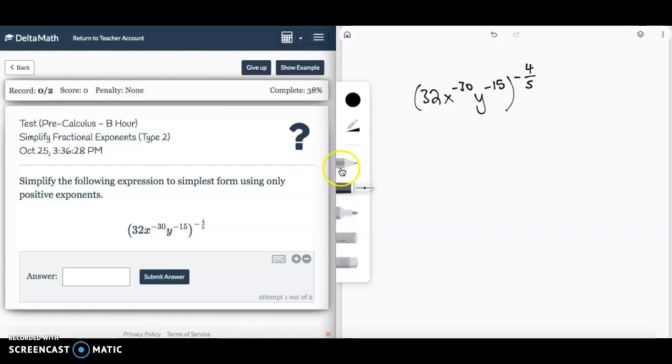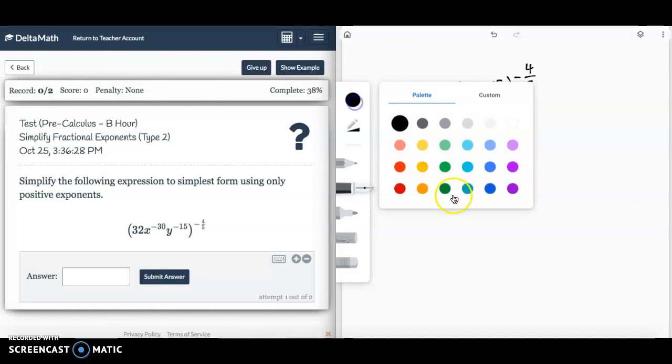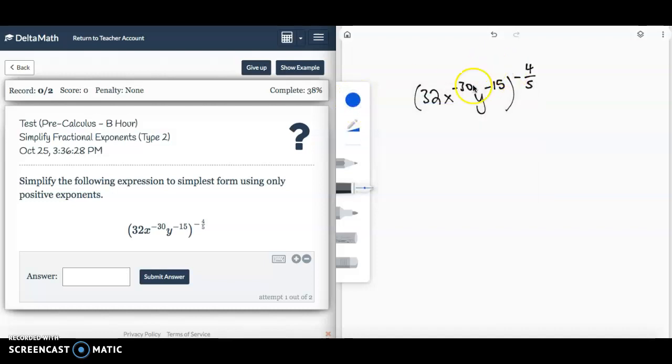Okay, so right off the bat, I notice I have a bunch of parentheses with a power. So this is an exponential expression to another exponent. Powers to power. So I'm going to go ahead and see if I can distribute that exponent, and I absolutely can because I have no addition or subtraction. So I'm going to give that exponent here, here, and here. So I'll have 32 to the -4/5.